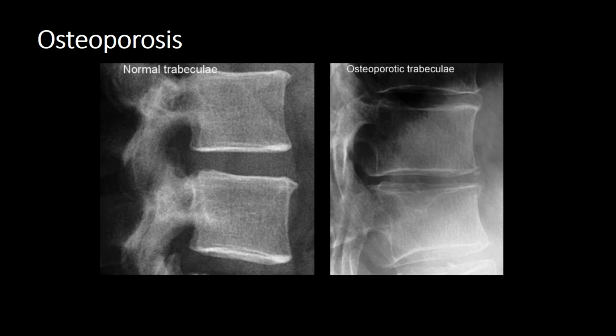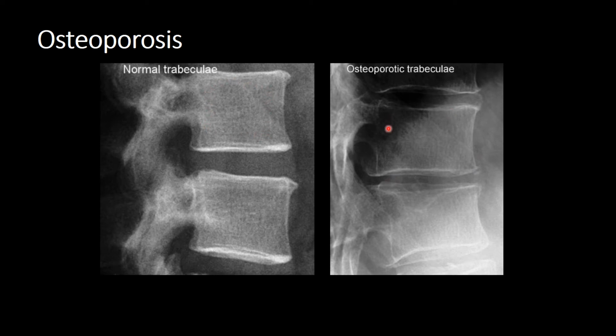So with osteoporosis, you get the selective deficiency or the removal of the horizontal trabeculae. And this is associated with microfractures of the vertically orientated trabeculae beneath the superior and inferior vertebral end plates. If you compare the normal trabeculae on the left, you can see that there's a much thicker cortex and the bone is much more dense.